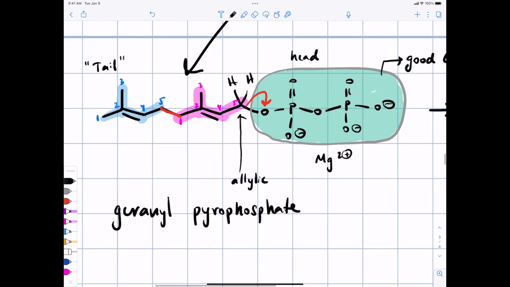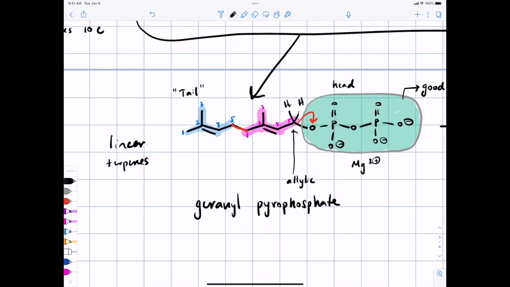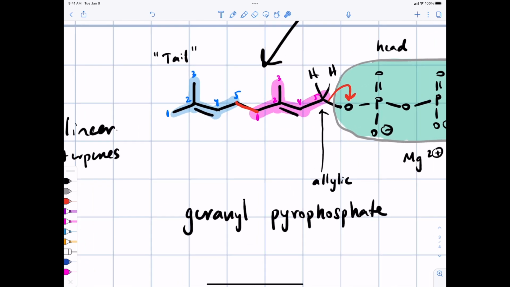But there's directionality to these linear terpene precursors. There's a tail and there's a head, and the individual subunits are connected in head to tail fashion. Carbon 5 of one isoprene unit is connected to carbon 1 of the next one, head to tail.